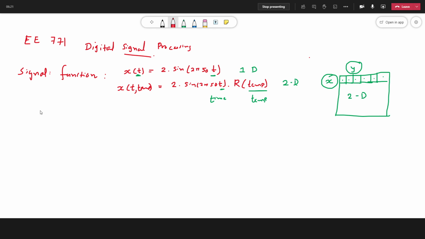As a power system engineer, you will be mostly dealing with one-dimensional signals. Say for example, you want to develop a numerical relay, and for the same you are collecting the information from the current transformer. You are deriving the analog signal from the secondary of the current transformer or the potential transformer.